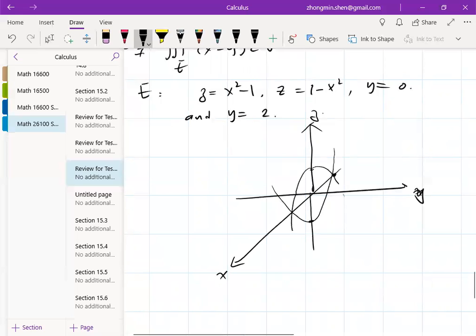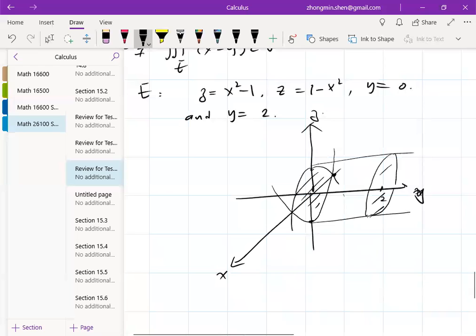If there is no other restriction, you get a cylinder type of solid. Now y equals 0 and y equals 2, so you get 2 cross sections here. So this is the solid. It looks like 2 circles here, but it's not 2 circles.